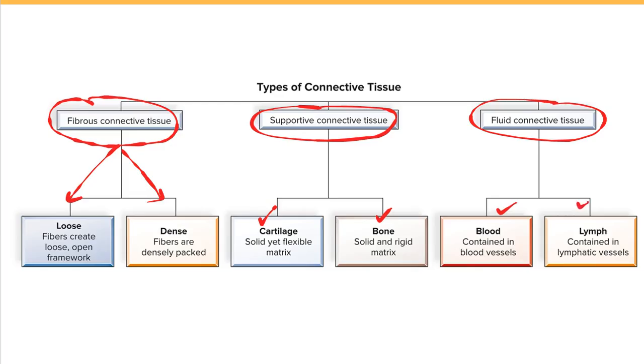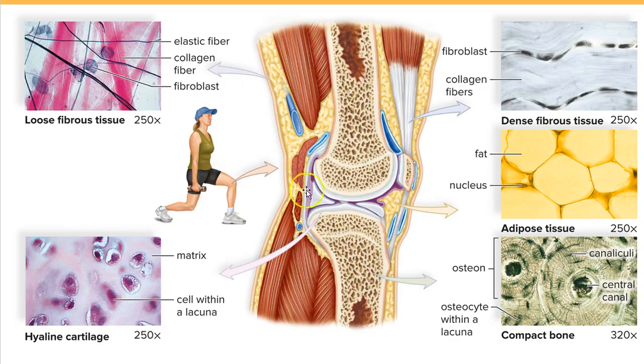So let's take a look at this picture. Here you can see part of the knee joint and how much connective tissue we can find here. That is a bone, right? Bone is a connective tissue. Then you can find cartilage. Cartilage is a connective tissue.